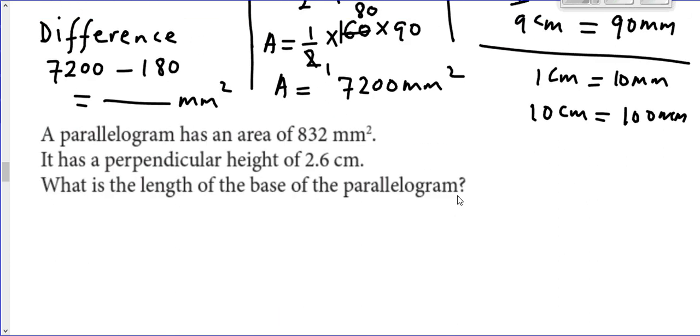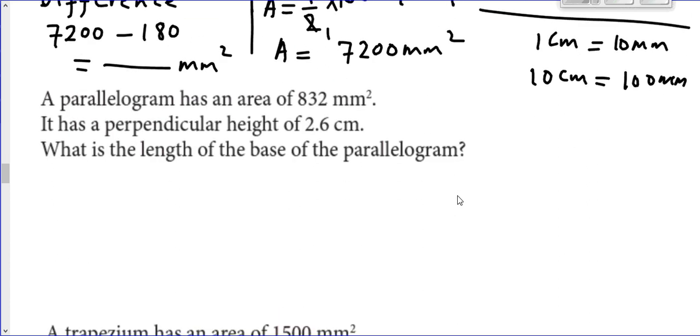A parallelogram has an area of 832 millimeters squared. It has a perpendicular height of 2.6 centimeters. What is the length of the base of the parallelogram? Now, like I said before, if we have one unit in millimeters and another in centimeters, don't start the calculations.